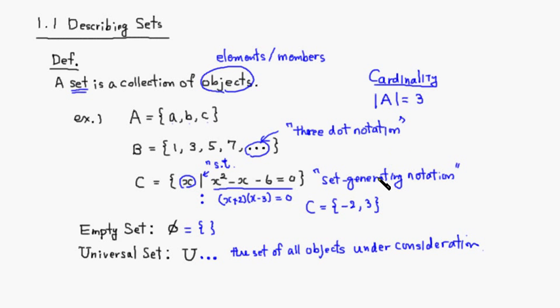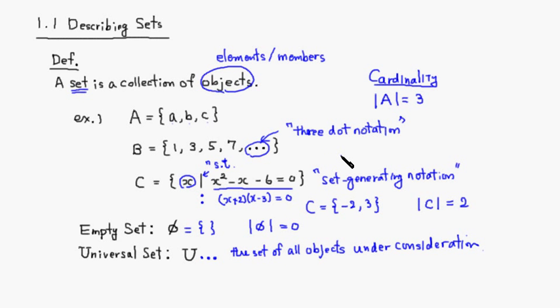Then the cardinality of C here would be 2, since there are 2 elements. And the cardinality of the empty set, since there's nothing in it, would be 0.